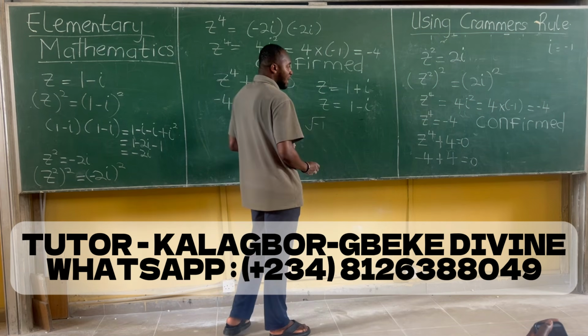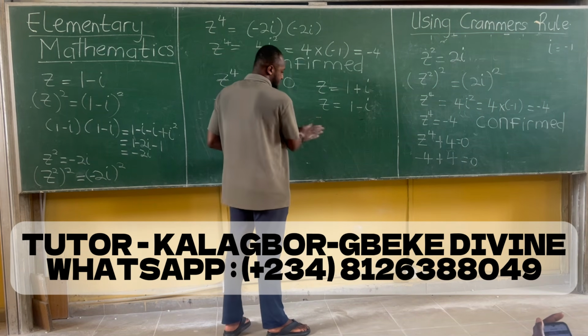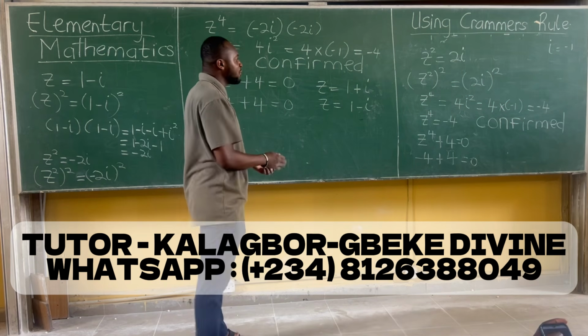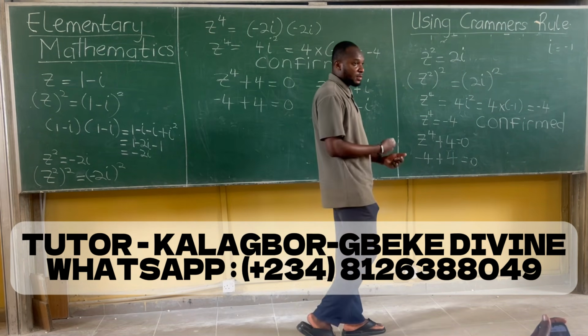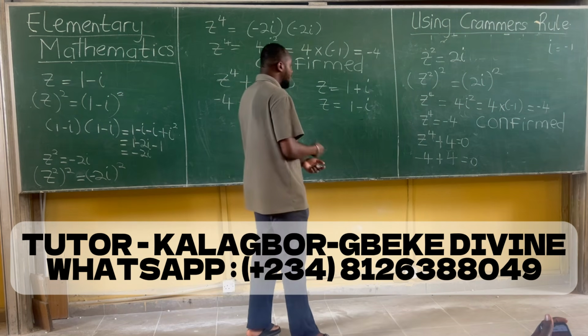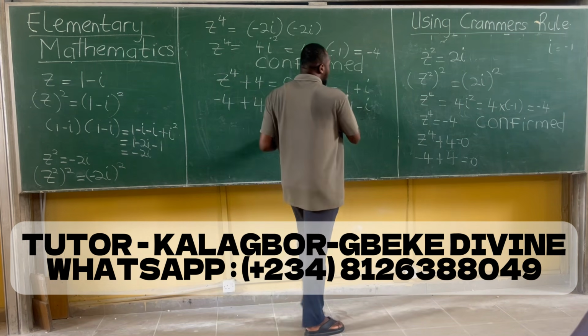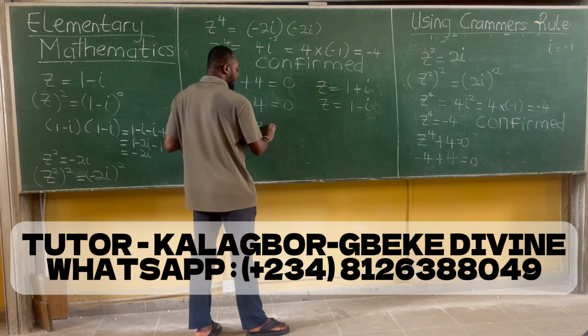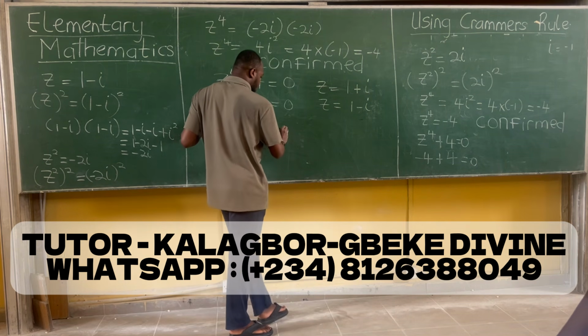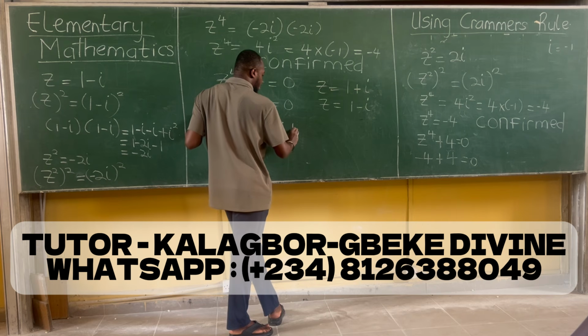Yeah. And for instance now, let me not confuse you. We are looking at it from 2 different planes, right? So if we are having 1 plus i, you can still say z is equal to i plus 1, right?